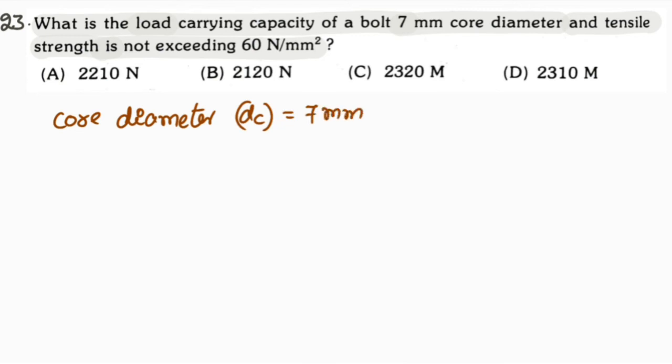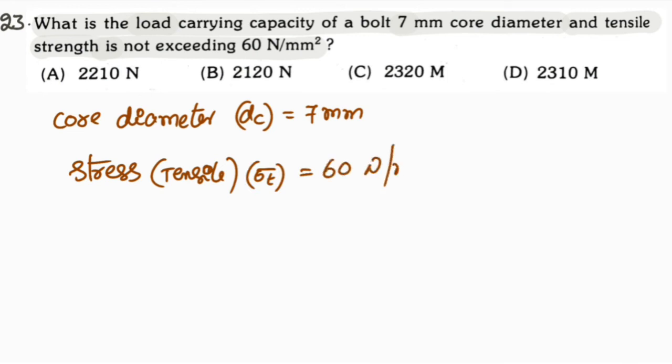Core diameter directly given. Tensile stress, let it be sigma T equal to 60 Newton per mm square.